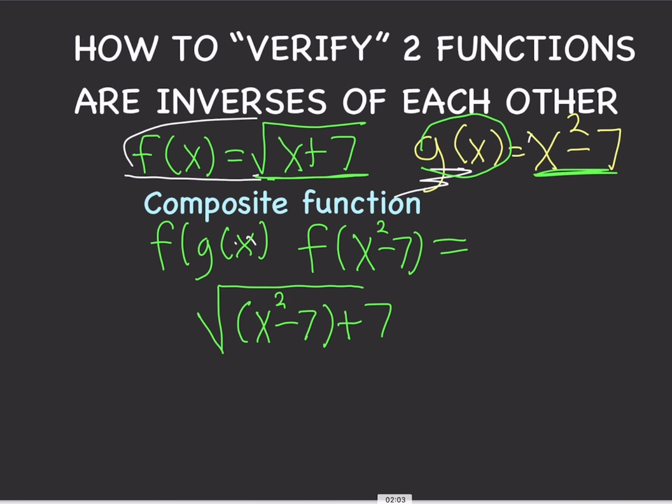So when we do this, what happens? Just note that the plus 7 is not under the square root sign. Just the x squared minus 7 in parentheses is under that square root sign.